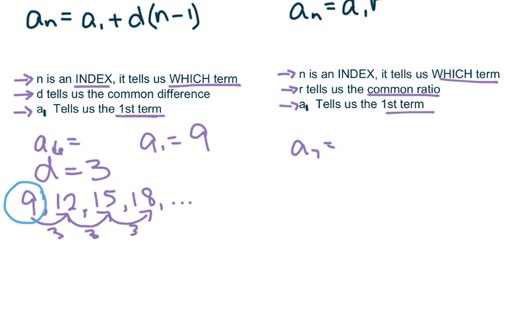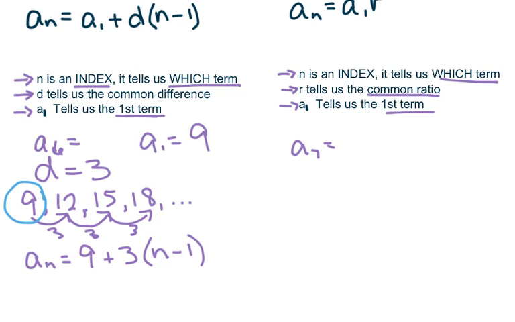To write a general explicit formula, I write a of n equals a of 1 plus d times n minus 1. If I ever ask you to just write the explicit formula for a sequence, that's what you're going to give me.